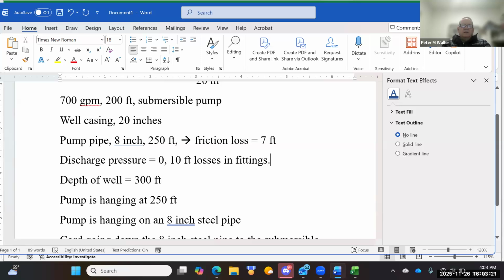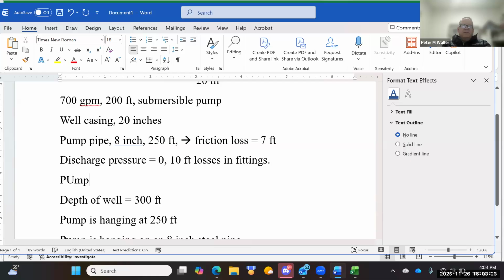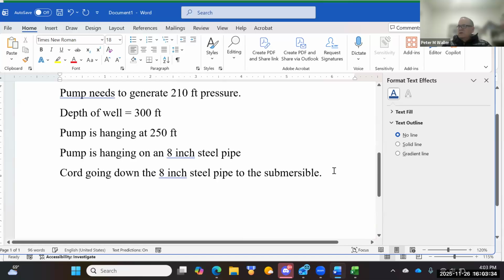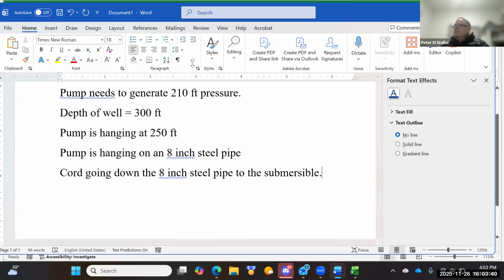So really, our pump needs to generate 210 feet of pressure. Okay, so now I'm looking at my AI calcs.